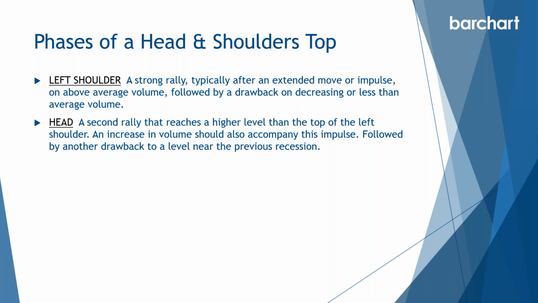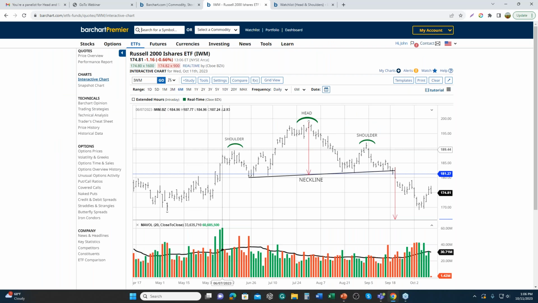Up until this point, the price movement is still showing the characteristics of an uptrend, higher highs and higher lows. The clue of a potential head and shoulders development is this drawback to below the left shoulder and approximately to the area of the previous recession.